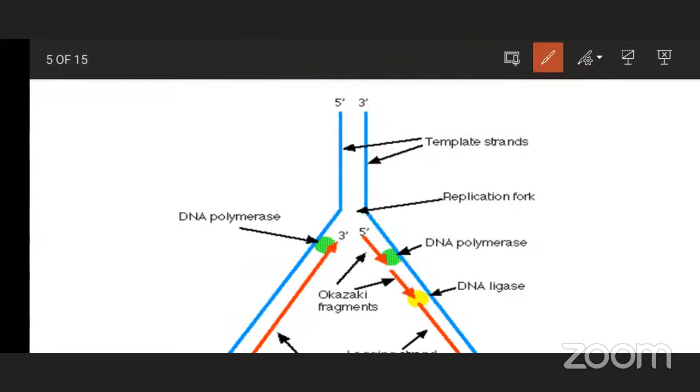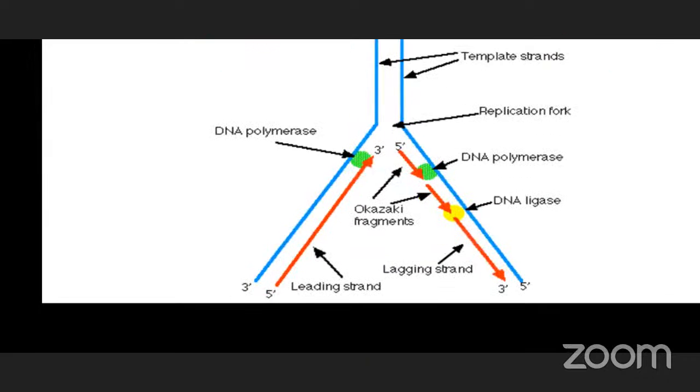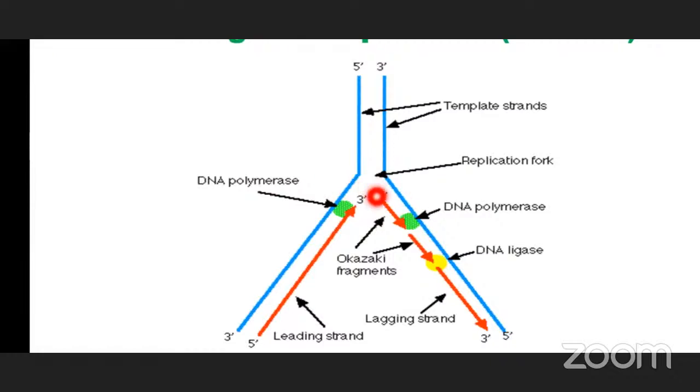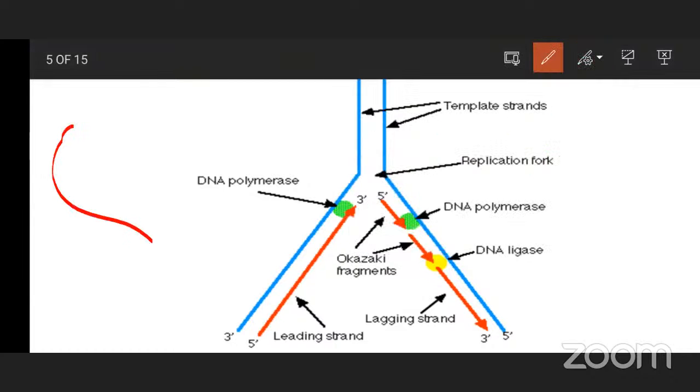So in this strand, it is the replication fork. By the activity of the helicase enzyme, the two strands are separated from each other. The DNA molecule is present in a double helical structure, but at the time of replication, these two strands are separated from each other. They form this replication fork.